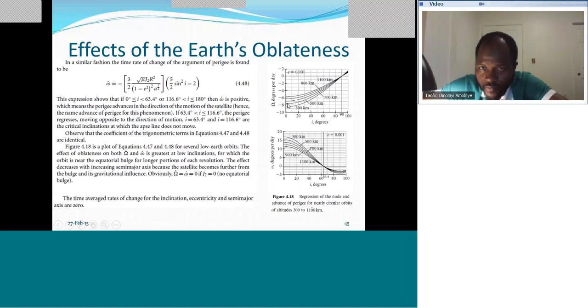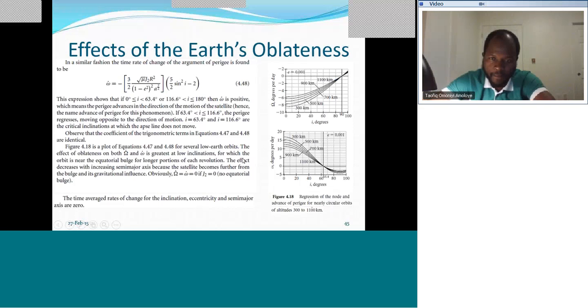But as you move away from the equator, that is, as the orbit gets more and more inclined to the equator, the big omega dot starts decreasing and moving towards 0. And when it is 90 degrees, it is just equal to 0.